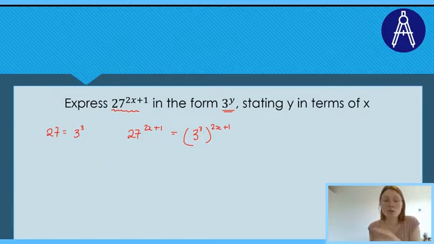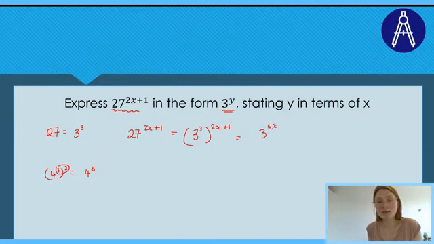Now what we need to do is tidy this up because we want to have a nice expression for y. So you might remember, I'm just going to write a note, that if we had 4 to the power of 3, all to the power of 2, we would multiply the indices together. So that would be 4 to the power of 6. We are going to do exactly the same here. We are going to multiply 3 by 2x plus 1. So 3 times 2x is 6x, and 3 times 1 is 3.